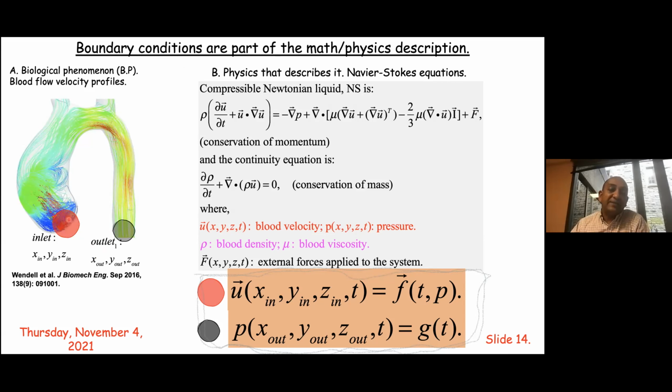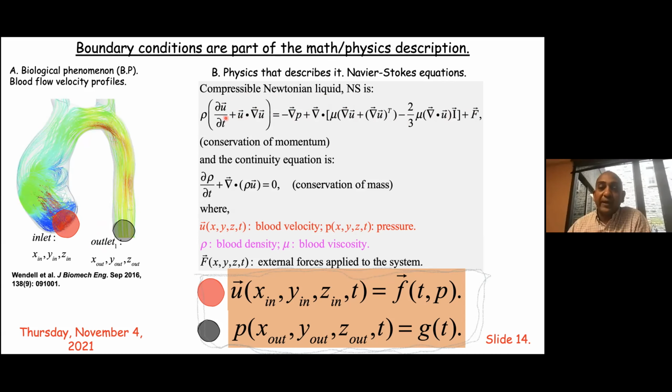Okay, unless the boundary conditions are described at these two locations, we may not be able to solve the physics, and the physics is described in panel B over here. The 3D physics here is described using the compressible Newtonian liquid Navier-Stokes equations, where we have a description of various kinds of forces being balanced.